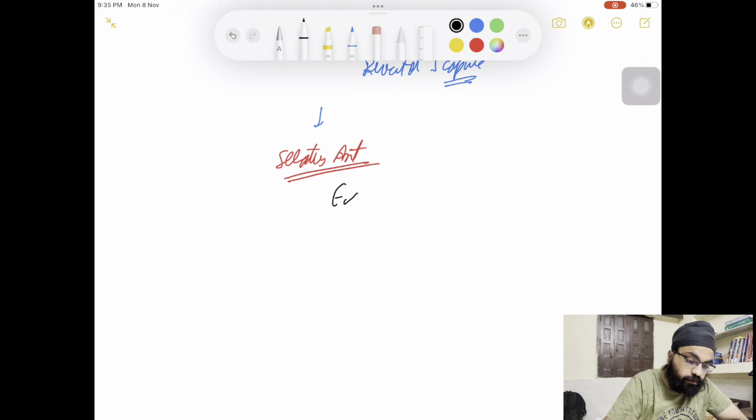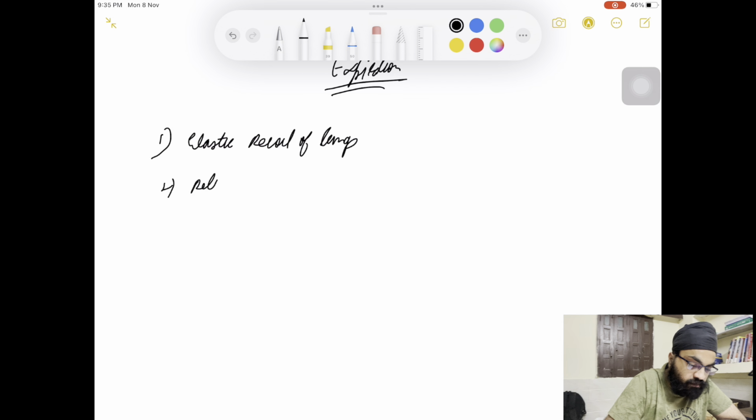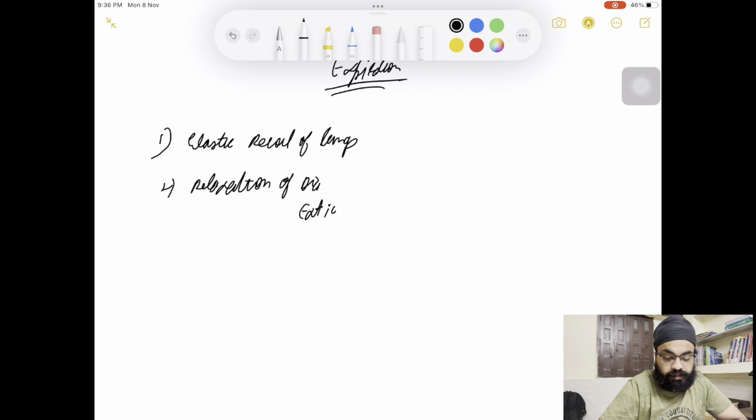And now we need to talk about expiration. Expiration, I said it's a passive process, correct. Why is it passive? Because of elastic recoil of lungs and relaxation of diaphragm and external intercostal. These are the ones that are used for quiet inspiration.